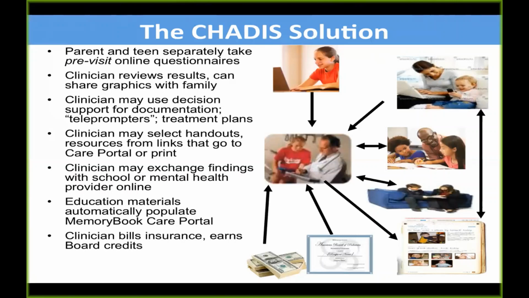And that would apply, for example, to an autism screen, which is one of the tools offered by CHADIS. We don't want parents to find a positive screen for autism at home in the middle of the night. So this is designed for clinicians to use as a point of discussion with families to further determine whether screening tools are accurate and what this particular family's problems or strengths are right now.